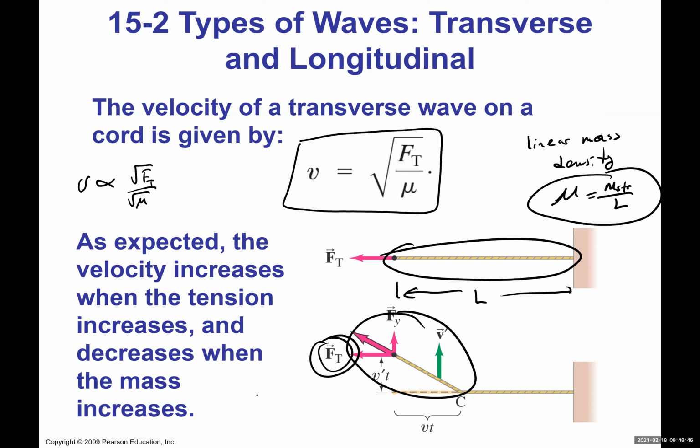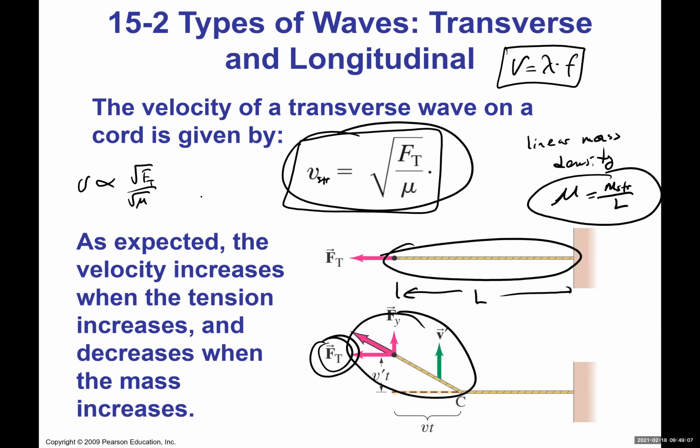Again, this equation specifically works for string waves, like a string, a rope, or a cable. The speed equals wavelength times frequency is more general and works for every type of wave. This equation works specifically for string waves.